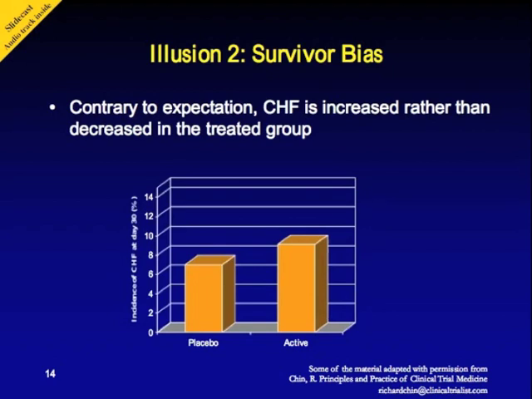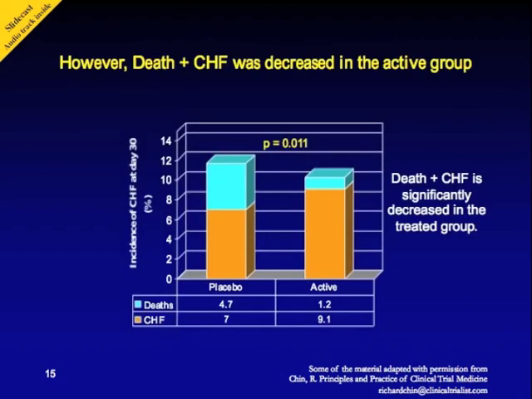So then you ask yourself, boy, what's going on? Is the drug not effective? Does it have no biological effect? But then you take a look at this data, the combined rate of heart failure and death. And as you can see here, what happened is that the drug did work, and it was quite effective in preventing death.